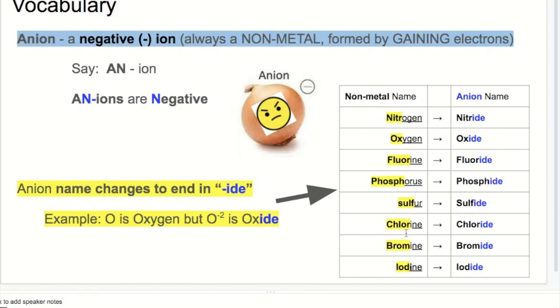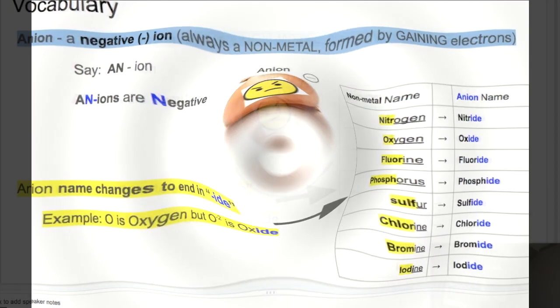Next, chlorine, chloride. Together, chlorine, chloride. Next, bromine, bromide. Together, bromine, bromide. Next, iodine, iodide. Together, iodine, iodide. So it's the same word, just with that "ide" ending.